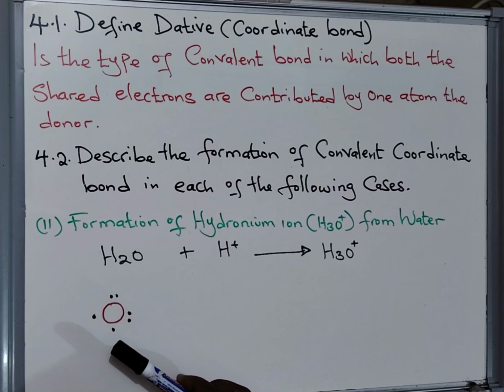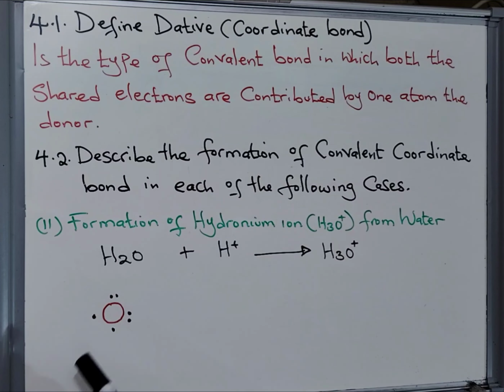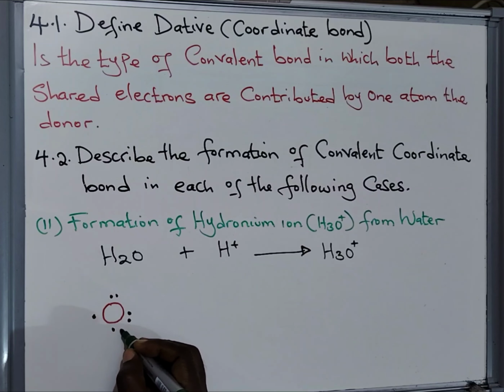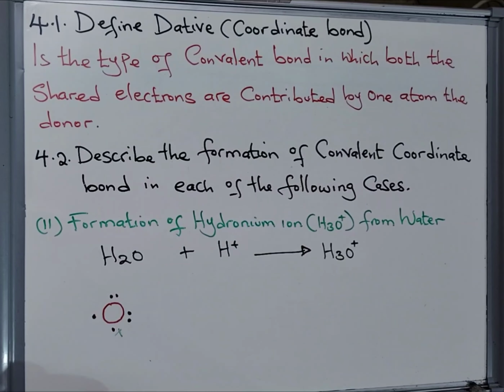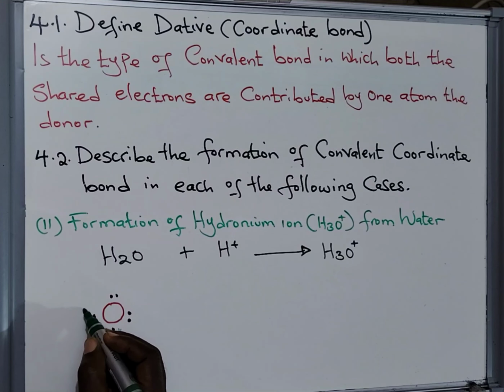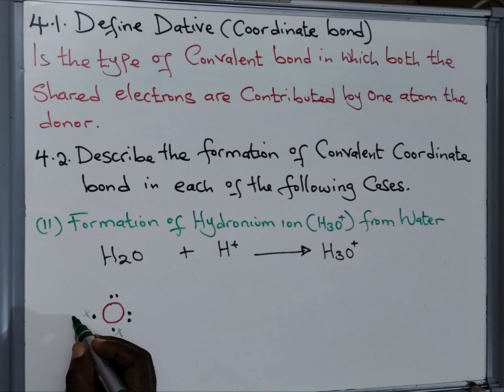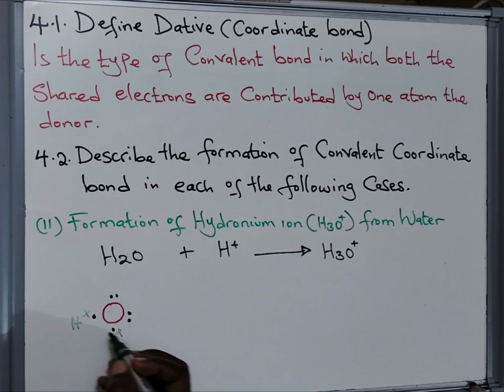It means that it has the capacity to make 2 bonds. Okay? Because bonding occurs between unpaired electrons. So what are we going to have here? We are going to have that one and that one showing bonding with hydrogen.